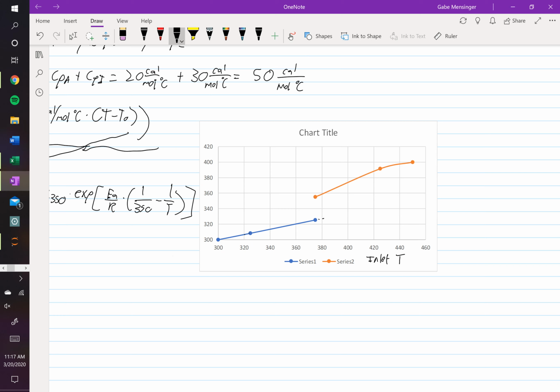It's going to look something like that. That's what it will look like. I guess I could just draw it. So let's say that our answer to part C was 418 for the fun of it.